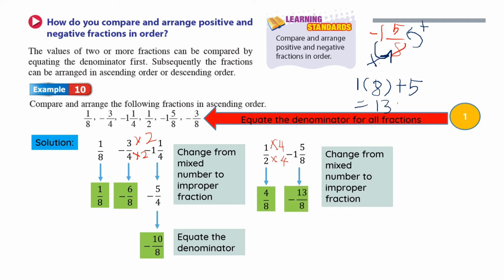The answer will be negative 13 over 8. And last is negative 3 over 8. Equate the denominator, it will be negative 3 over 8. We equate all the denominators for all fractions.